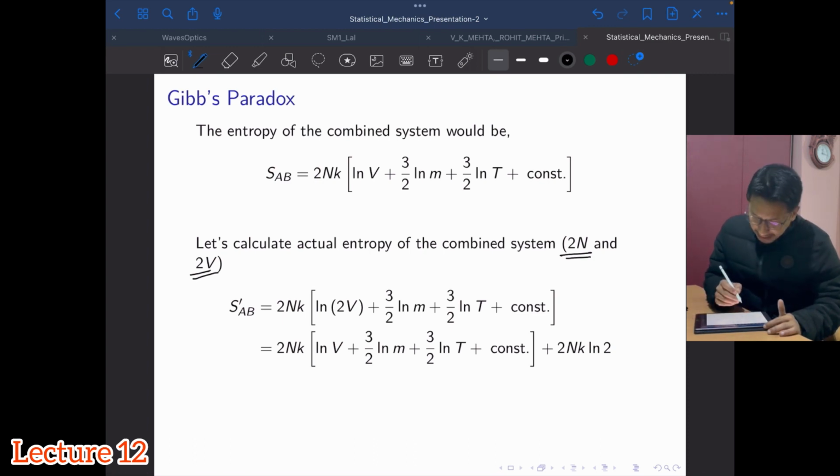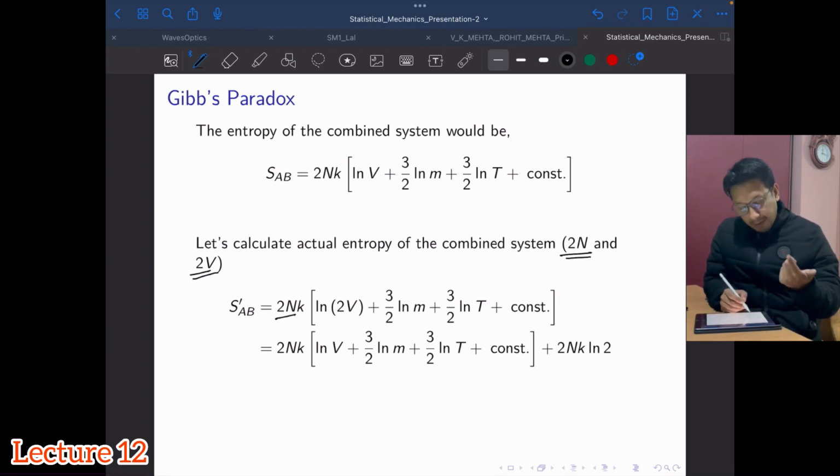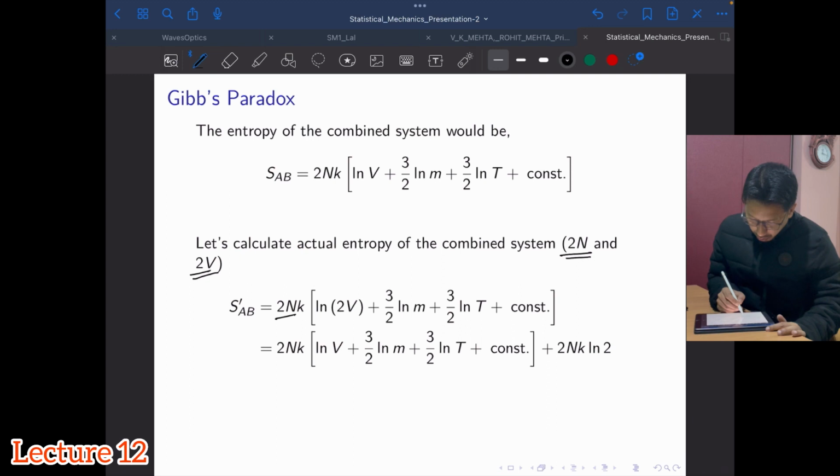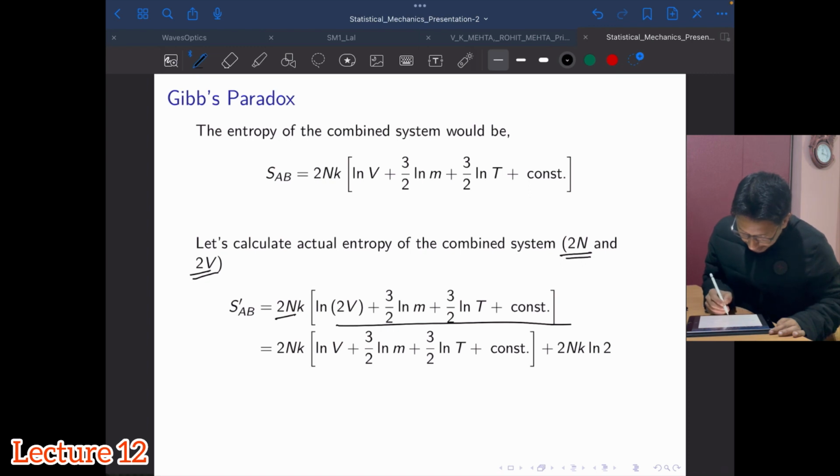In that case, the entropy expression is the same, as we have derived. Wherever there was N, you replace by 2N, and wherever there is V, you replace by 2V. While doing so we get this expression. But now, see, we need not worry about this particular term.